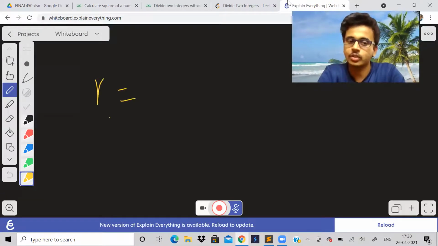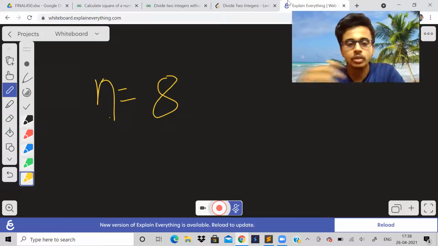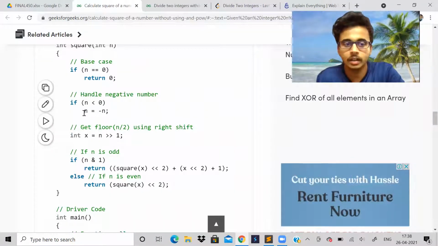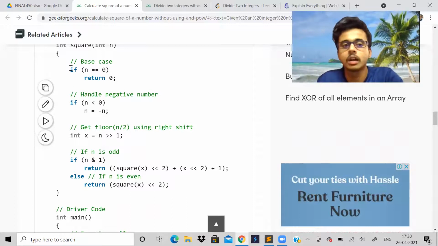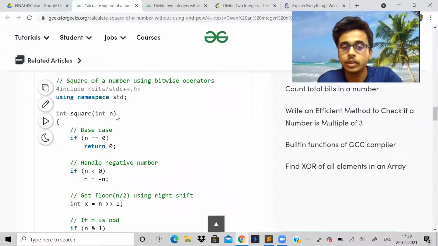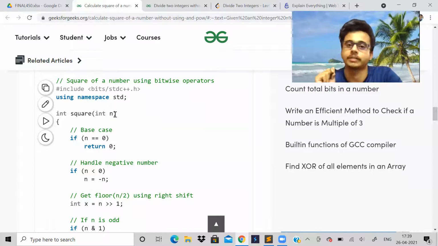Let us take n is equal to 8, you want to find out 8 square. Do the function calling and all that, the dry run of the code with n equal to 8. Do it with 2-3 kinds of examples, then you will understand how this is working.